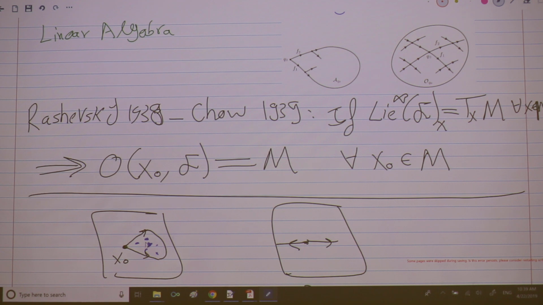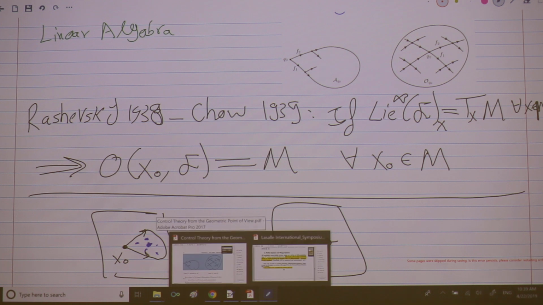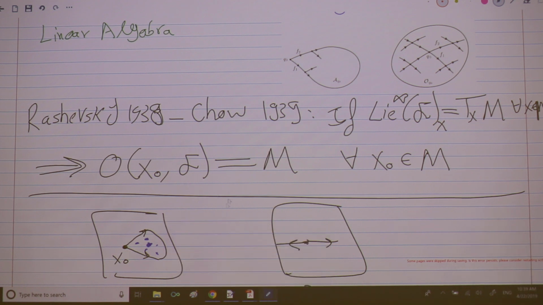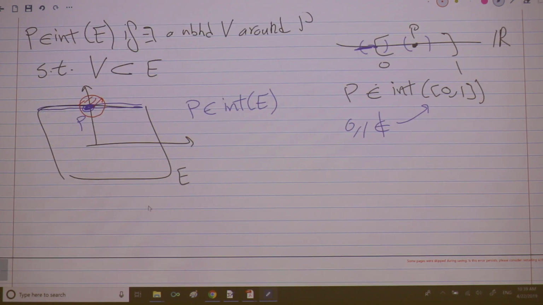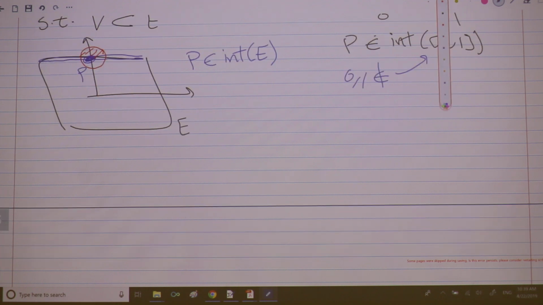Because in some lectures you'll find online, they mix up non-empty interior with non-empty. So you will find people say your reachable set will have some points. Of course, this will always be satisfied, otherwise we're dealing with very pathological examples. It's non-empty interior, which is actually demanding. Okay? So let's have the definition.